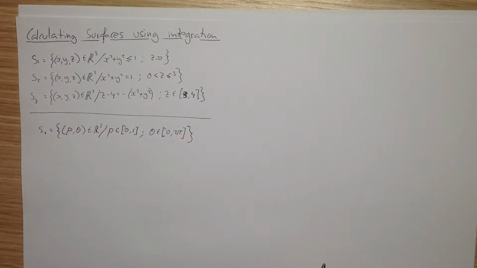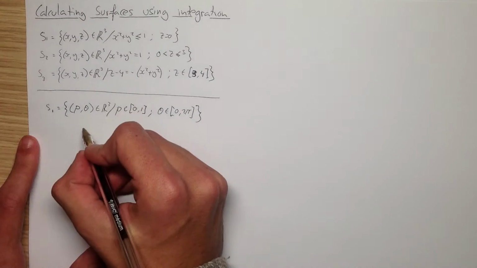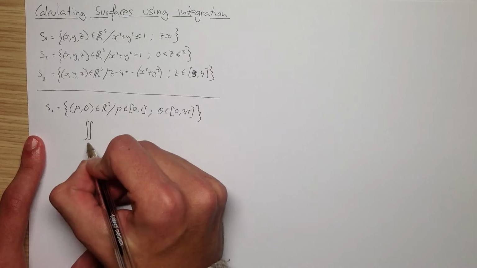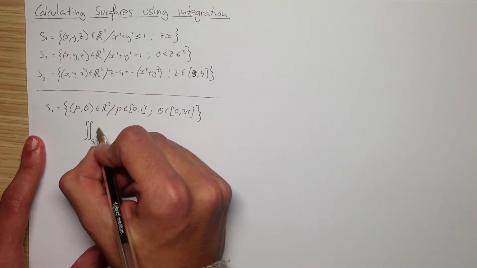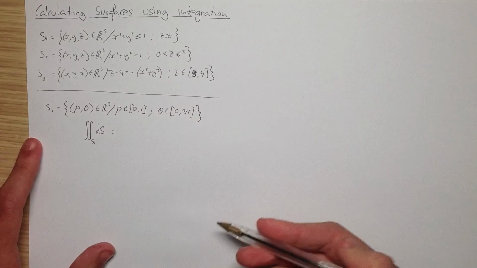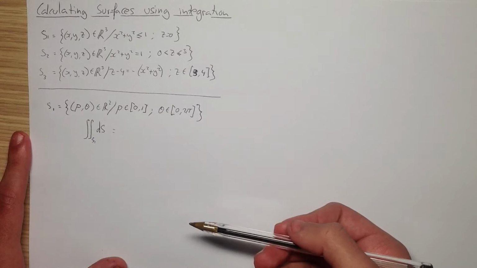Okay, so what do we do now? We need to do a double integration of ds, differential of surface.